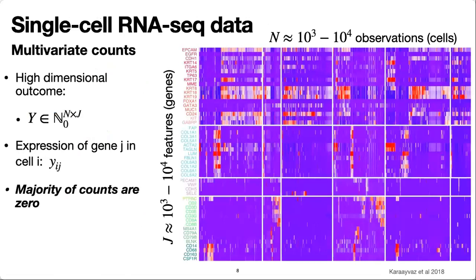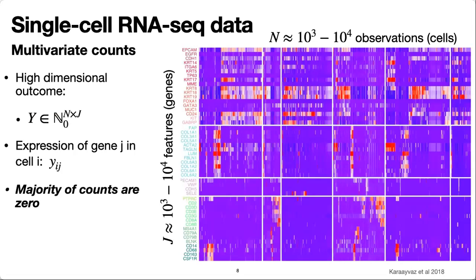Here's what the data actually looks like. Obviously, this is only a small subsection of a data matrix, but single-cell RNA-seq data are high-dimensional discrete count data. We have many zeros in our matrix. We have hundreds to thousands, even millions of observations of individual cells.